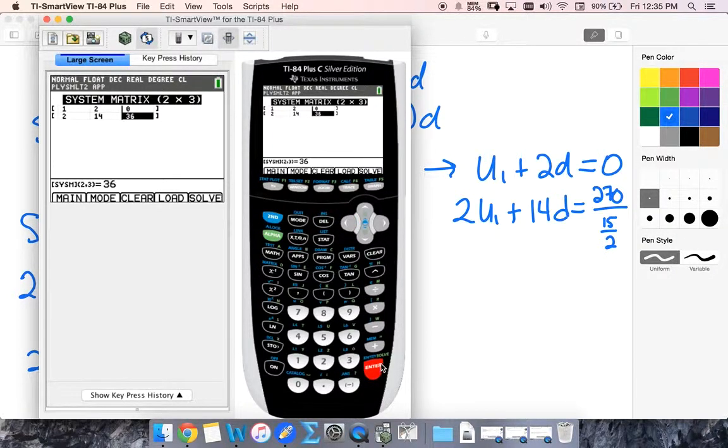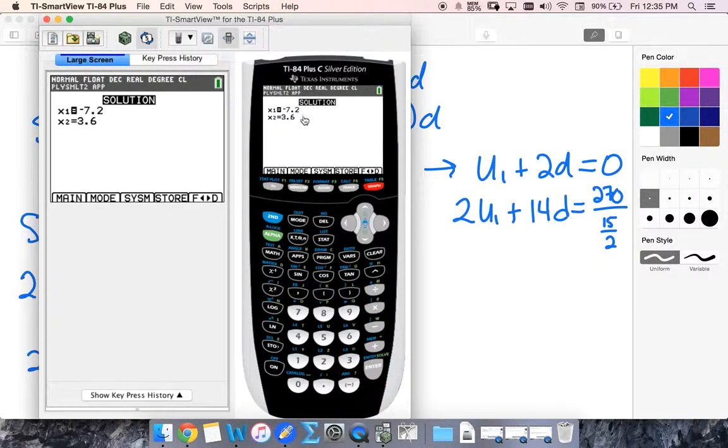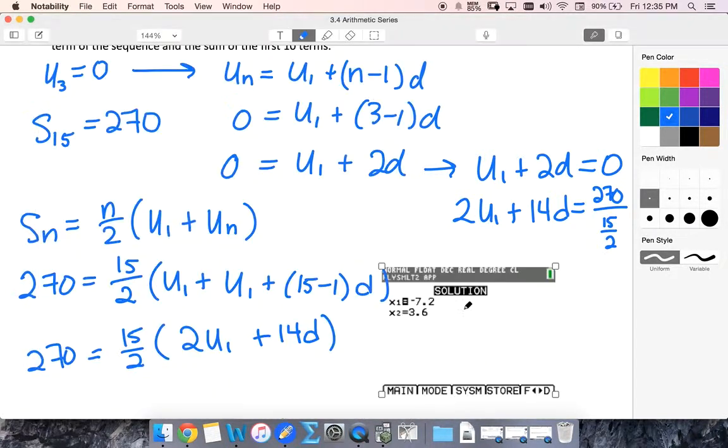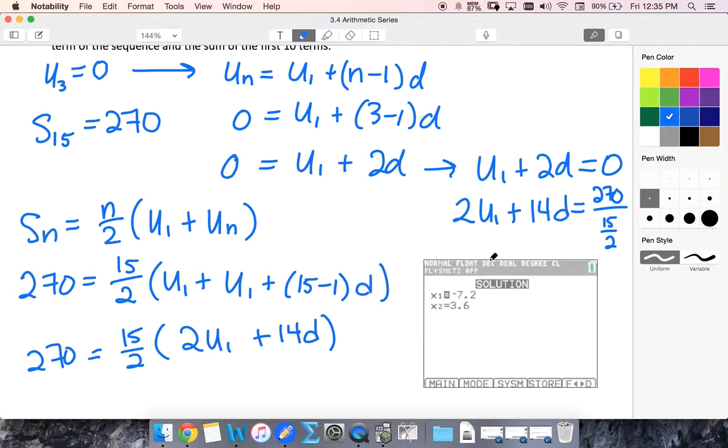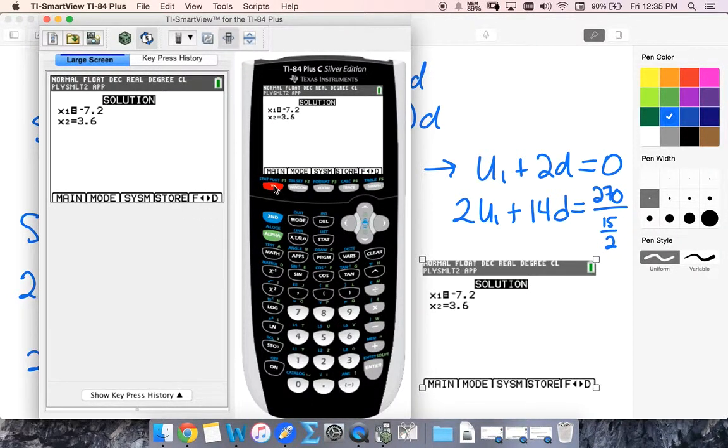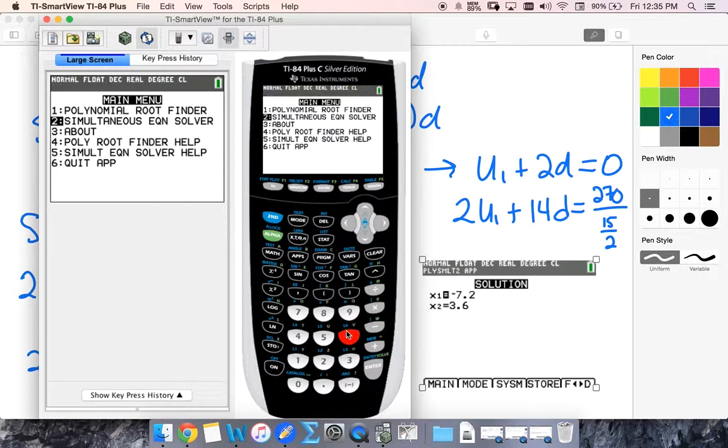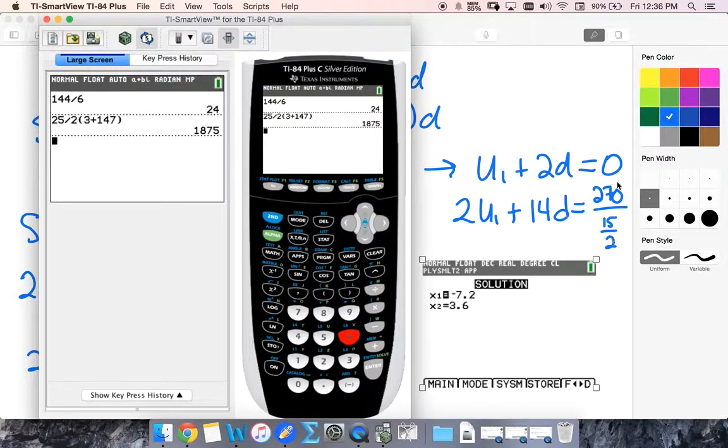I hit enter, and that says 36. So let's solve, and I've got two values. They're kind of funny values though, so let's go back to my calculator, go to the main screen and quit, because I want to make sure that I typed that in right.